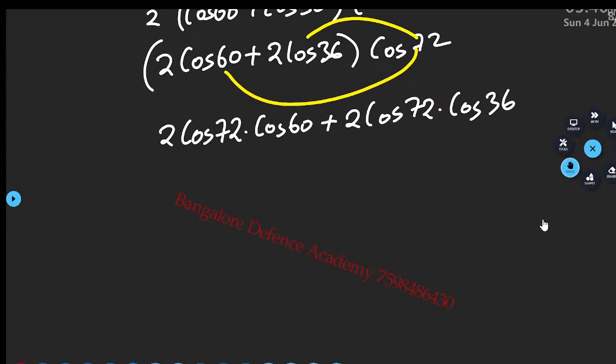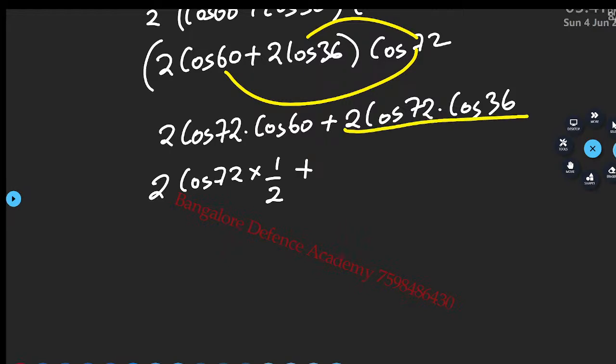Right, okay. Now what is the value of cos 60? 1 by 2. So here what I do, 2 cos 72 into 1 by 2 plus, so here which formula I am going to use? 2 cos A cos B. So 72 plus 36, how much you get? 108. And 72 minus 36, how much you get?